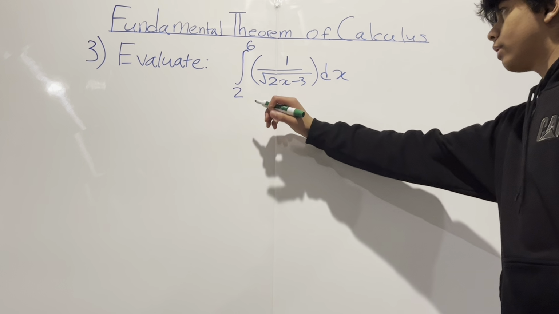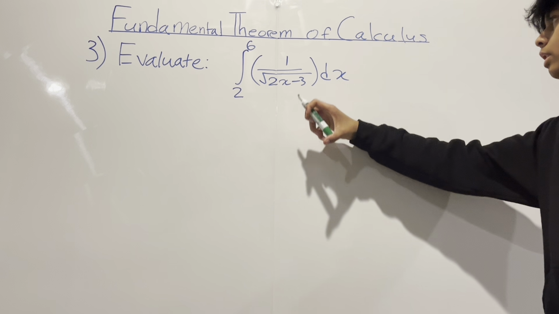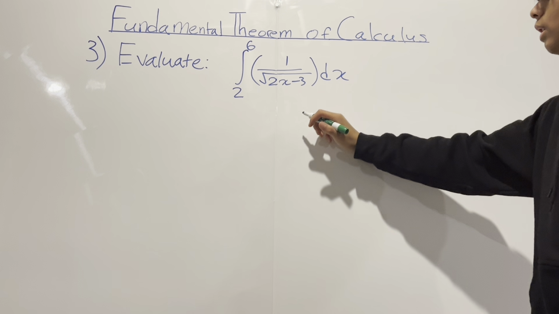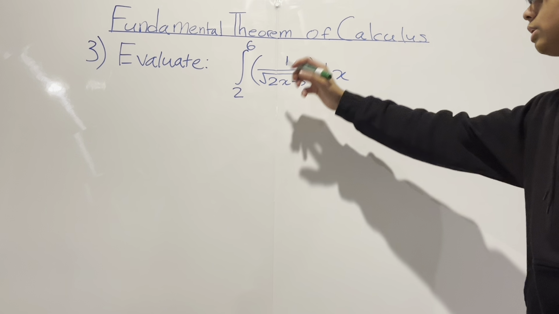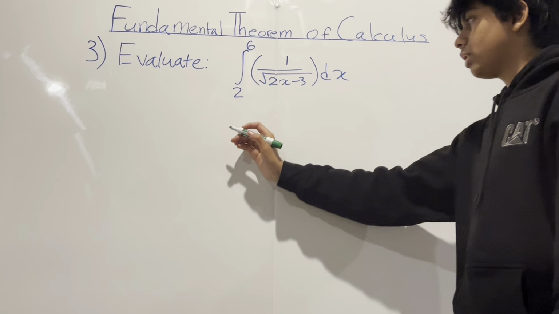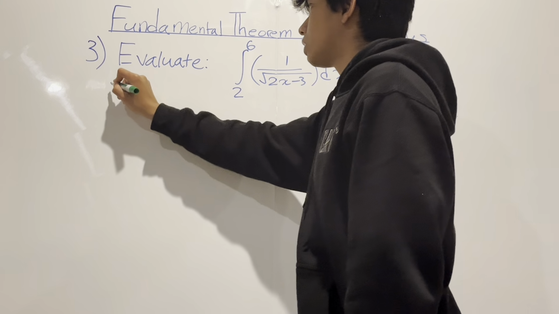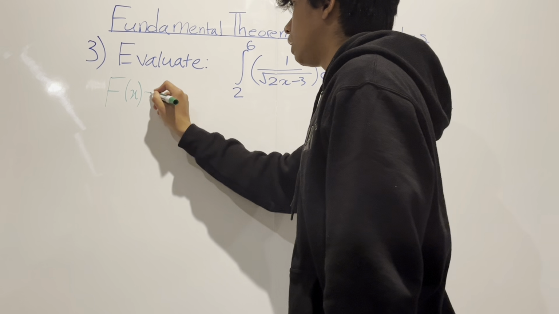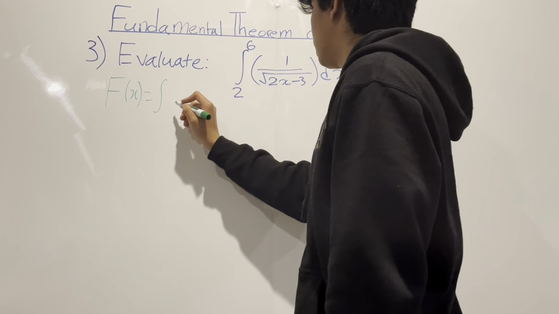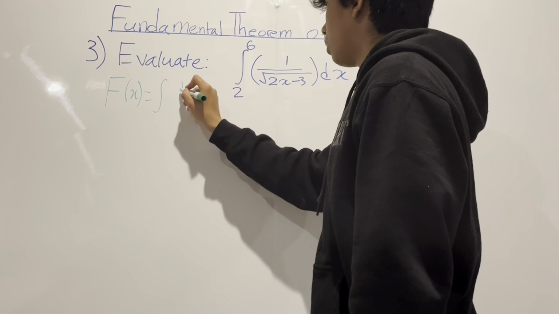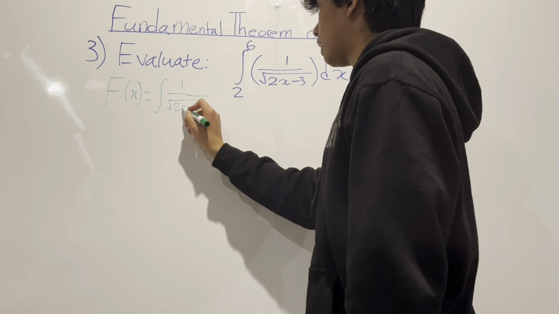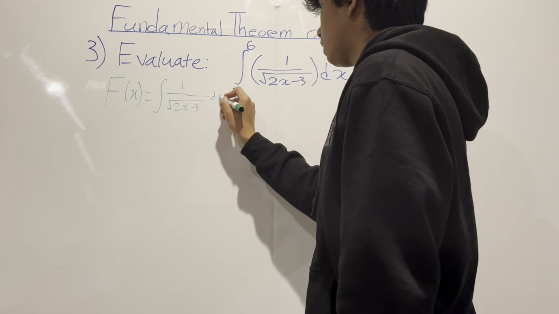Question 3, we have evaluate the indefinite integral of 1/√(2x − 3) dx in the bounds 2 to 6. So first let's find the antiderivative, which is f(x) equals the integral of 1/√(2x − 3) dx.